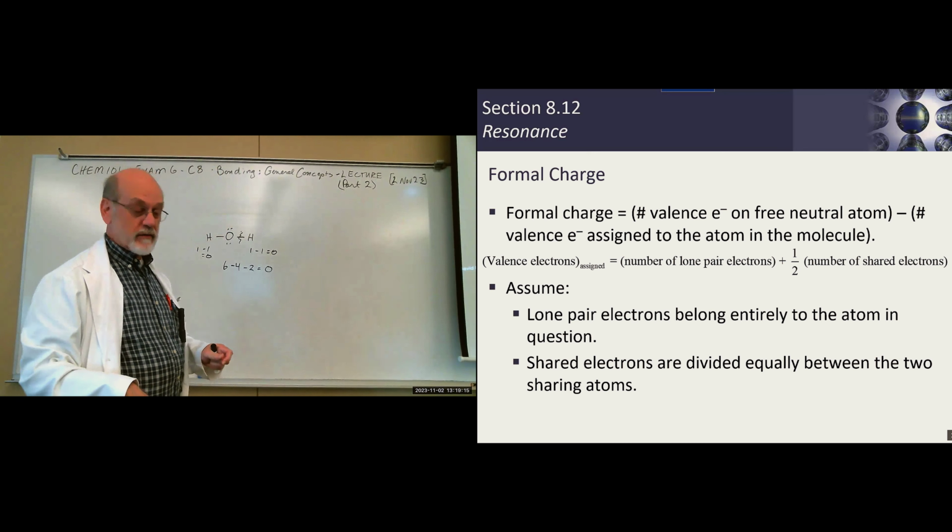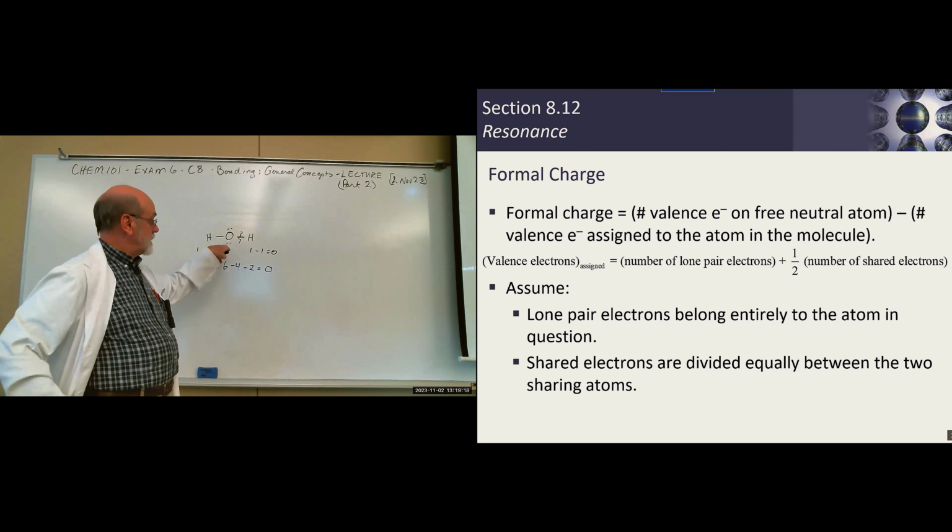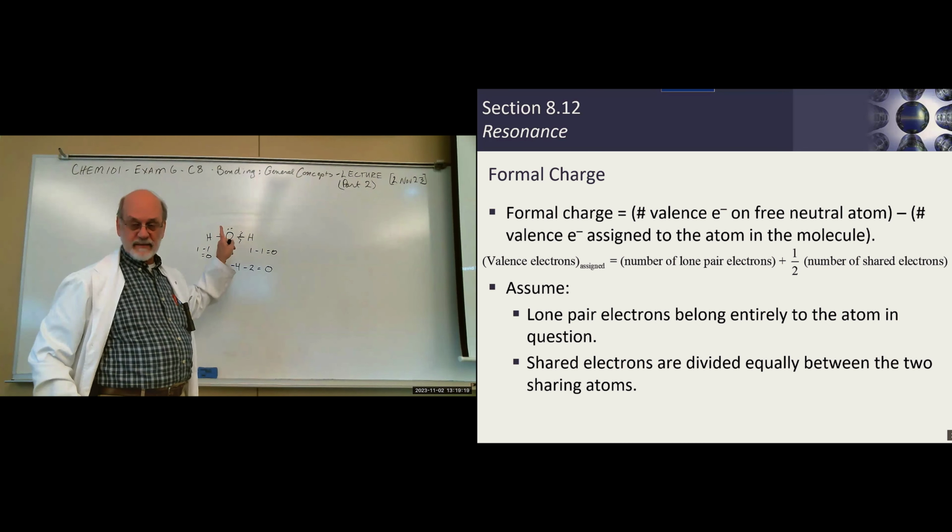Okay, so just to reiterate, the lone pairs belong to that atom. Those are the ones we subtract, all of the lone pairs. The electrons in the bonds are shared. So hydrogen gets one of them, oxygen gets the other one.